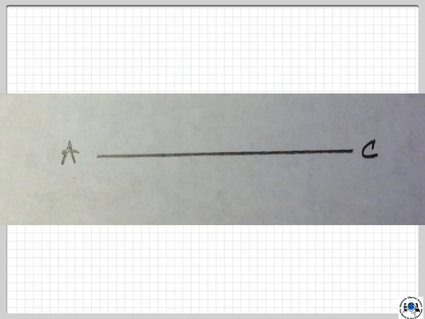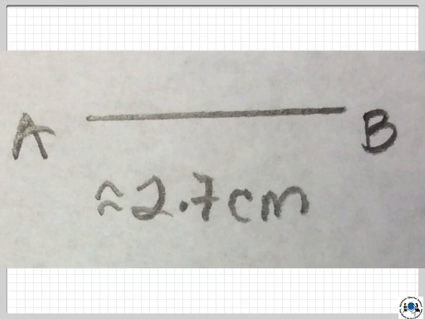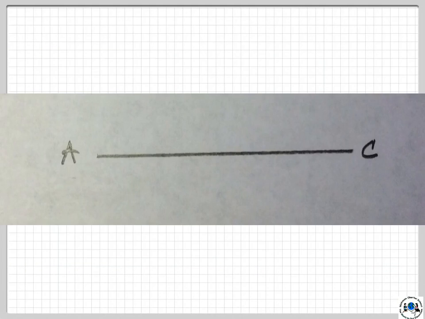Another one of the sides of my triangle is going to be about 2.7 centimeters. So here's AC. Now my B is going to end up over here somewhere.